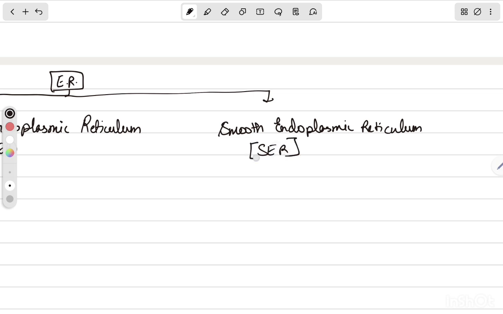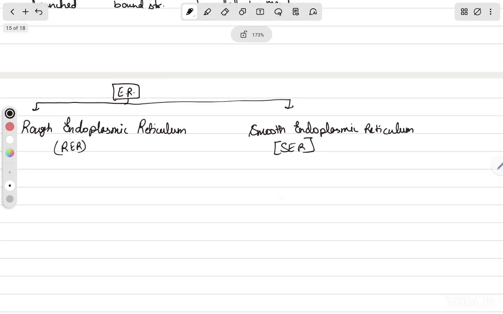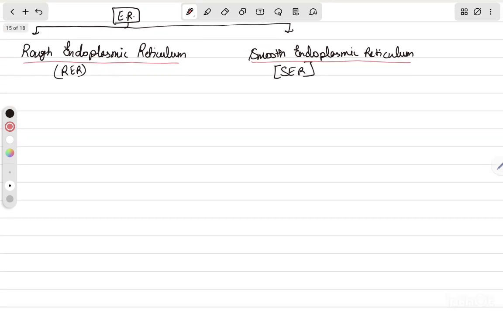So the two types of endoplasmic reticulum are rough endoplasmic reticulum and smooth endoplasmic reticulum, right? What is the difference between these two? Rough means they are rough in appearance. Smooth endoplasmic reticulum means they are smooth in appearance.